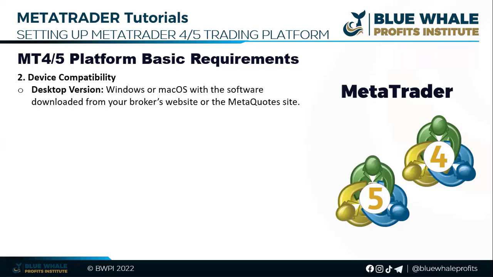The desktop version includes Windows or Mac OS, with the software downloadable from the broker's website or from the MetaQuotes website. So you can go to MetaQuotes' website and download both MT4 and MT5, or use your broker's website. For instance, when you go to equiti.com, you'll be able to download both MT4 and MT5.